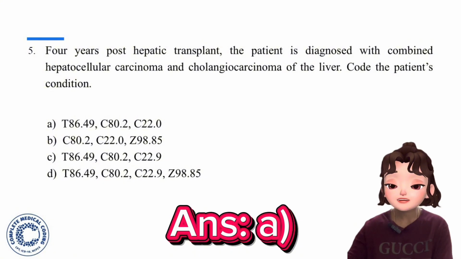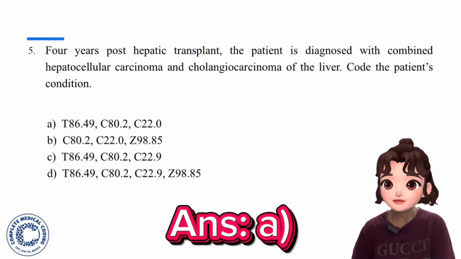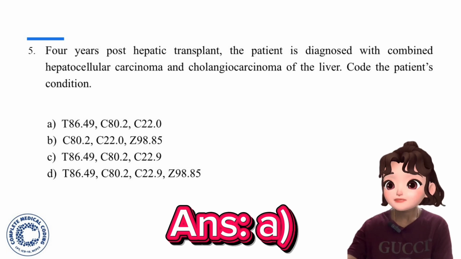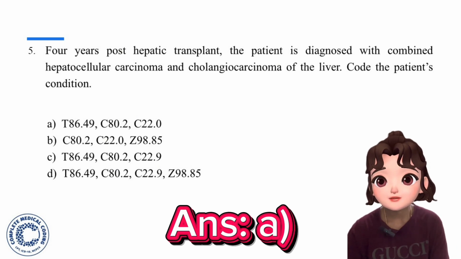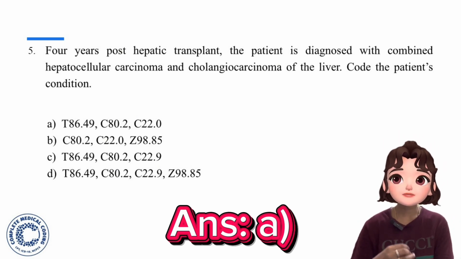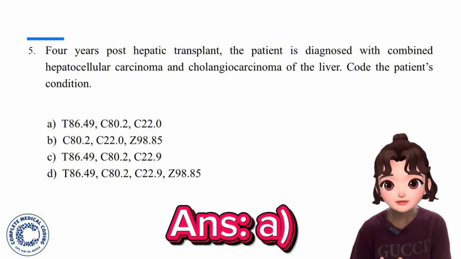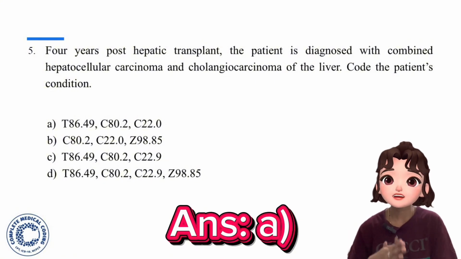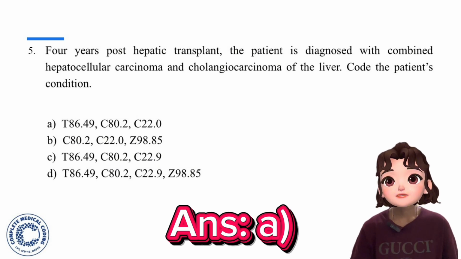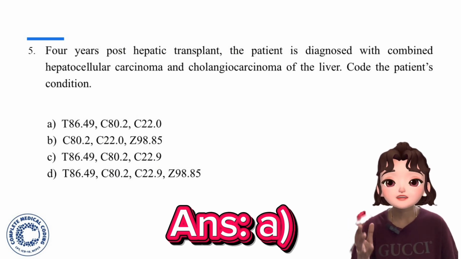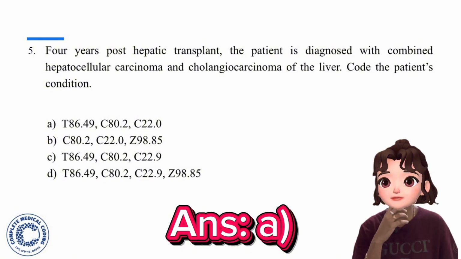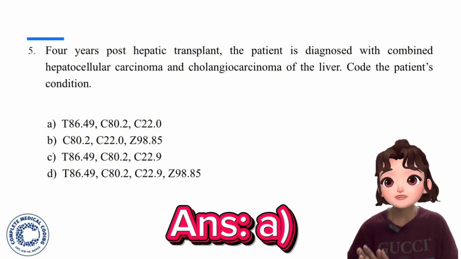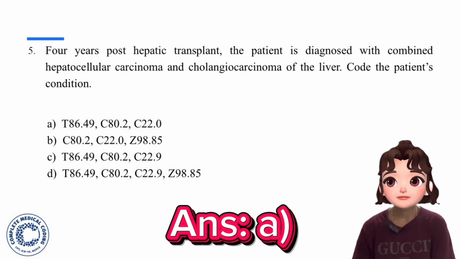C80.2 means malignant neoplasm associated with a transplanted organ, and here the transplanted organ is the liver. Because it's clearly mentioned that the patient is diagnosed with both hepatocellular carcinoma and cholangiocarcinoma, you have to put both.